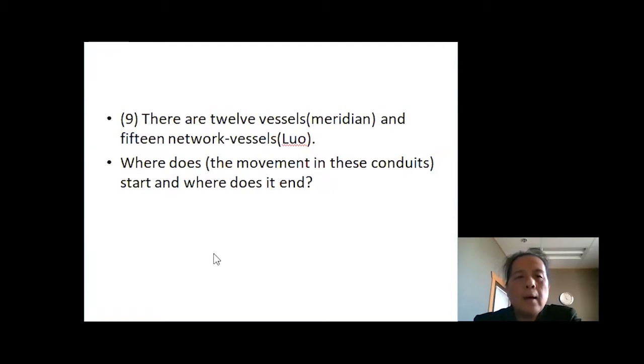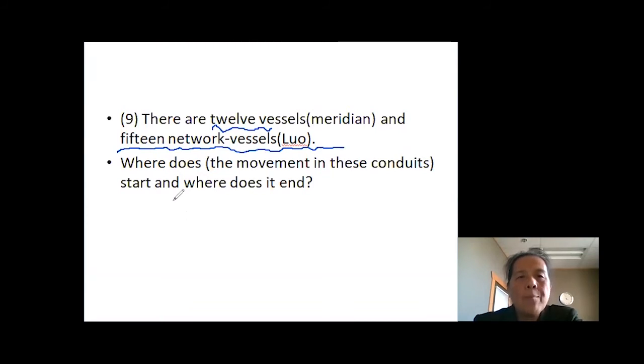Okay, so now we go to the next question. We say all the form question and answers. So next question here, we say there are 12 regular meridians and 15 lower connecting meridians here.